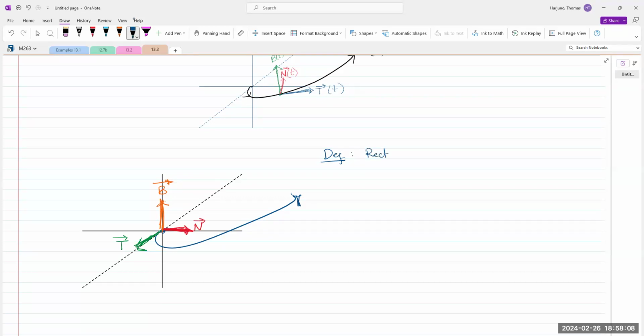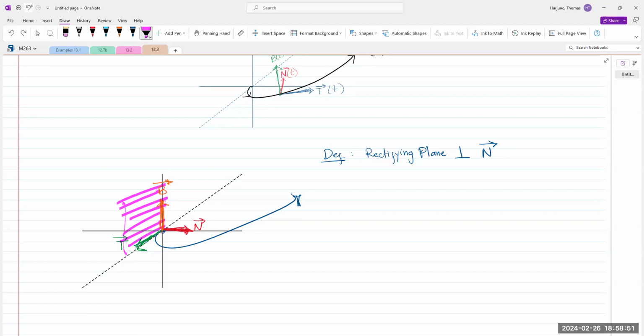Rectifying plane is normal to the normal vector. So the rectifying plane refers to this plane here, the plane that is spanned by T and B. Now, N is the vector normal to that rectifying plane.